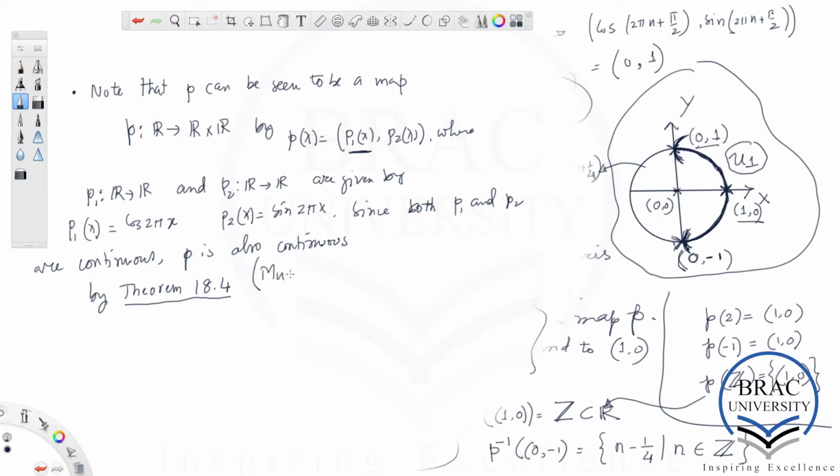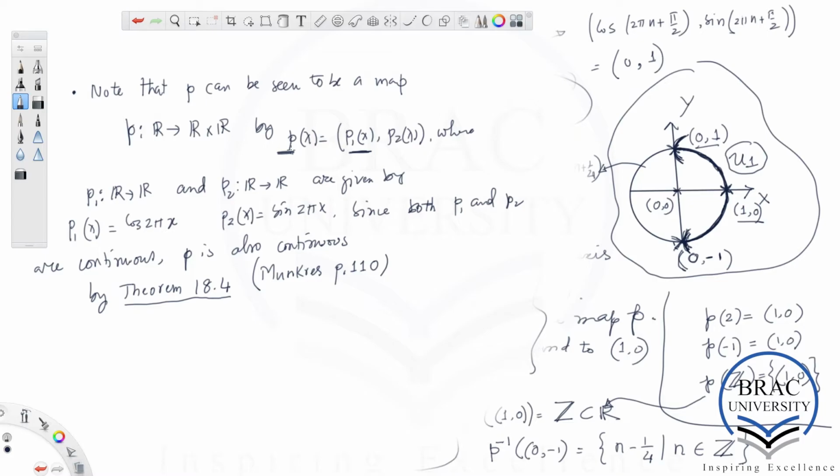It's on page number 110 of the same book that we are following for the Algebraic Topology course. It tells us that if the component functions that we are dealing with are continuous maps, the map P is also a continuous map.